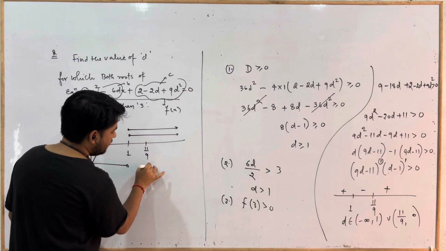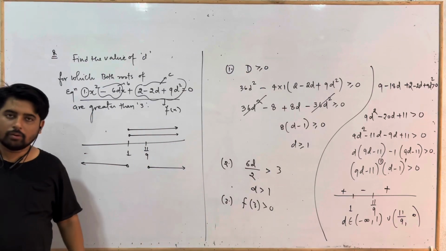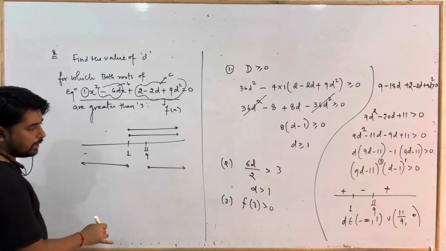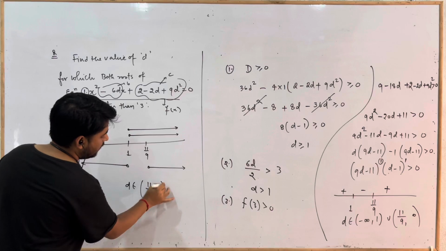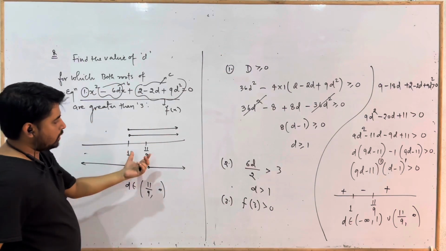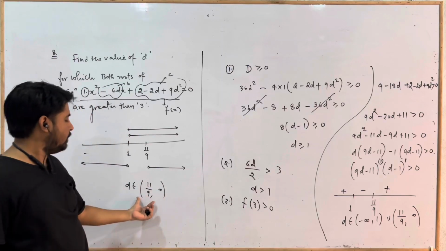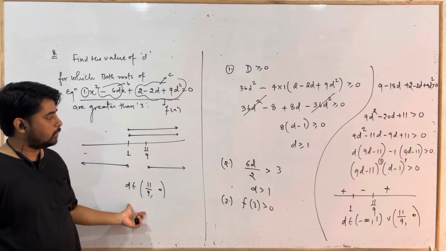So if I take the intersection of all these three cases, what I will get? D is an element of 11 by 9 to infinity. How will we take the intersection? Just superimpose all these lines. What is the common portion? So common portion will be 11 by 9 to infinity. So this is our result. This is our final answer.